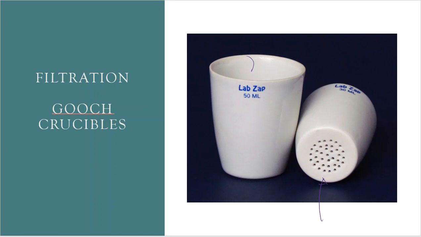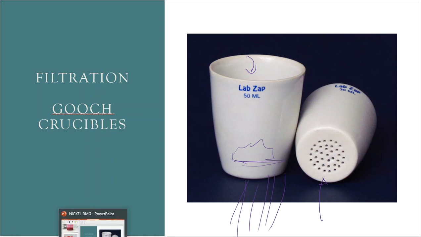So we'll put our solution and our solid in here. We'll turn on a vacuum aspirator, and that will suck the solution out of the bottom, and all of my solid will stay up here on the top. Folks, it's just like a Buchner funnel, except they're little miniature tiny things instead of the big bulky Buchners that we have in the lab.